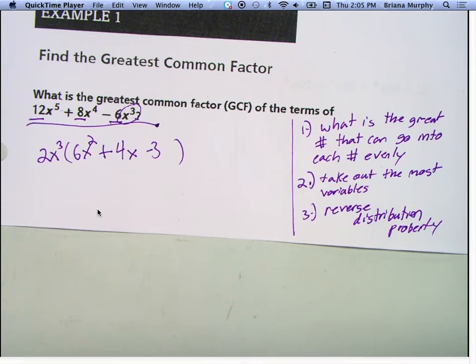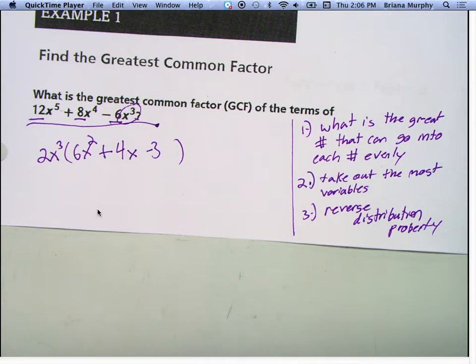But I want to take out the most x's I possibly can. Grace, I want to take out the largest amount of x's I can, because I could just take out an x, correct? But I would have x's left over for each term. So I want to take out the most x's I can so that each term has the least amount left over.